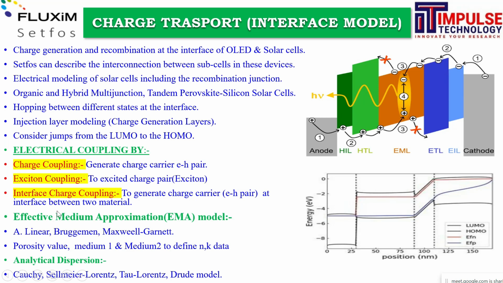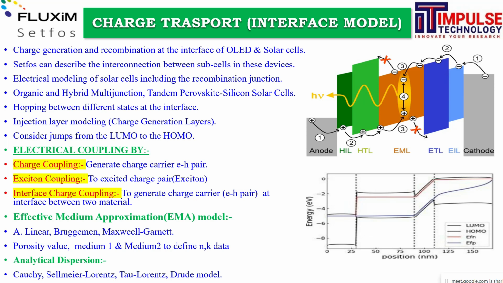So the effective medium approximation model is there, basically for comparison with experiments, for those who work on experimental solar cell fabrication. We have this effective medium approximation model, which can give you a good approximation of experimental results through simulations.